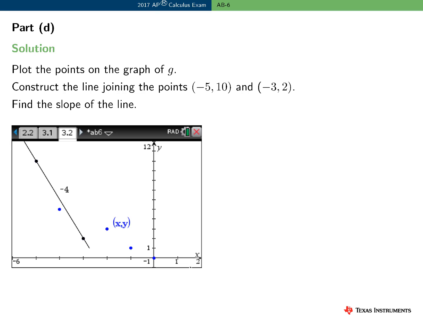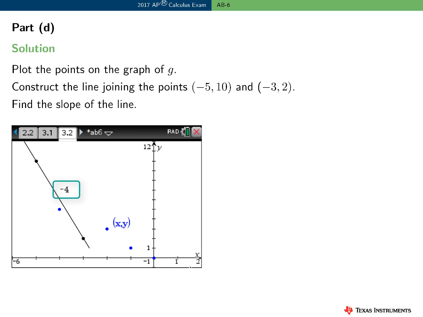In Part D, even though I don't have an explicit formula for the function g, I can still use technology to visualize this problem. First, I plotted all of the points given that are on the graph of g, and then I constructed a line joining the points -5, 10 and -3, 2.